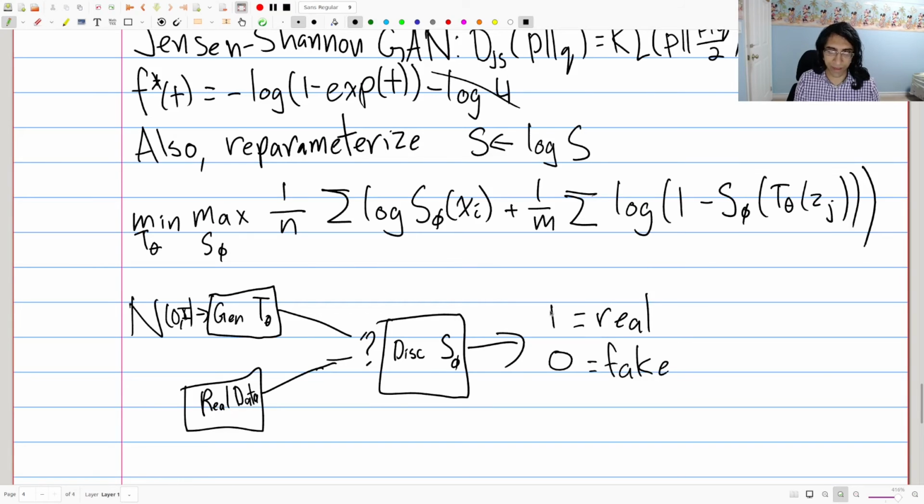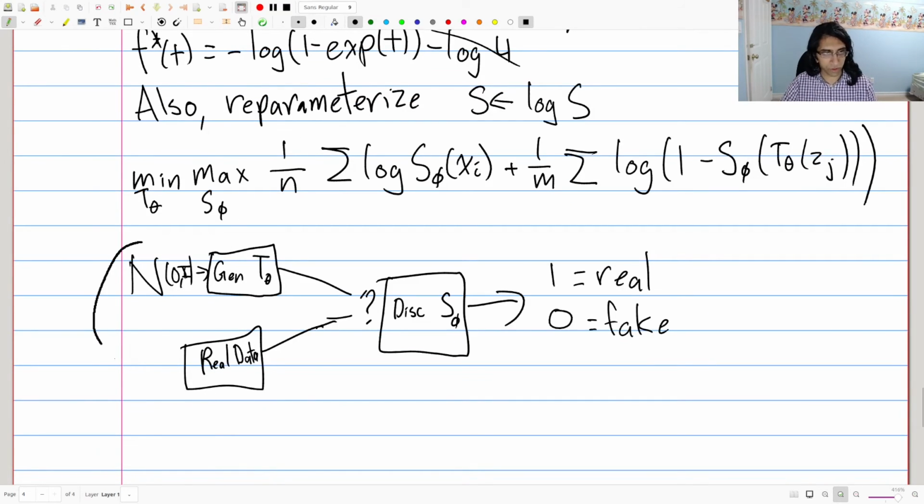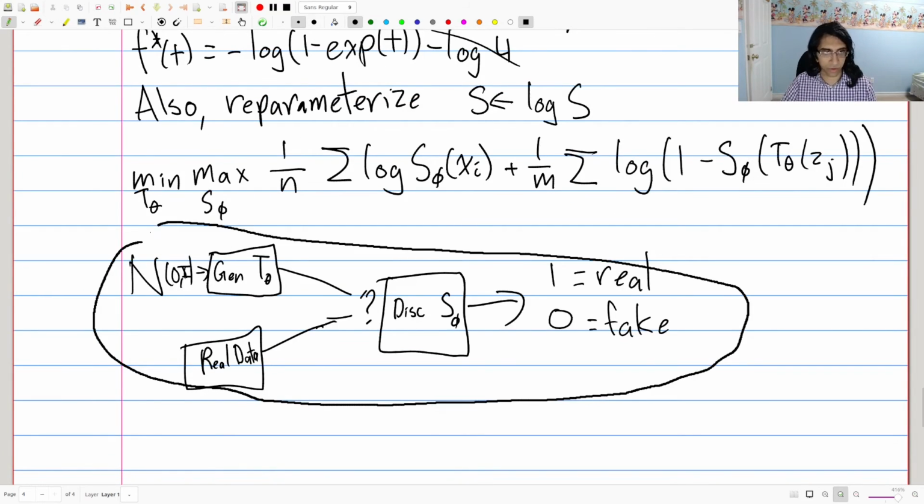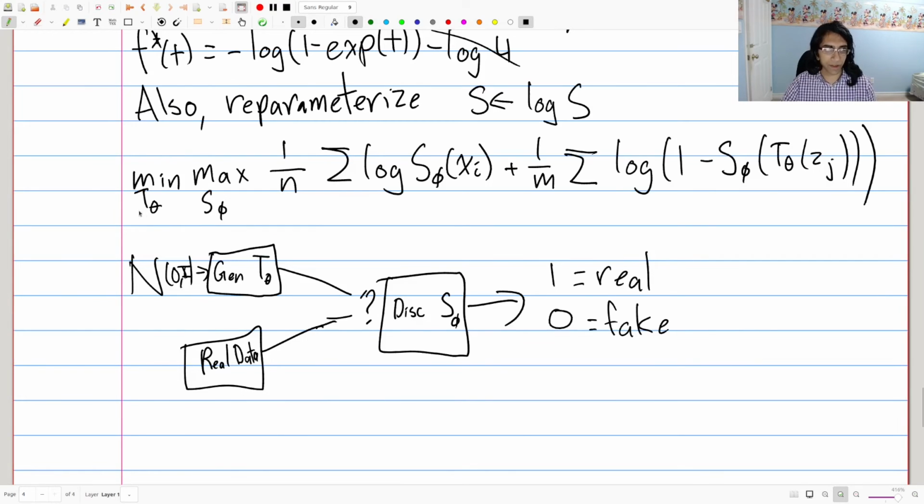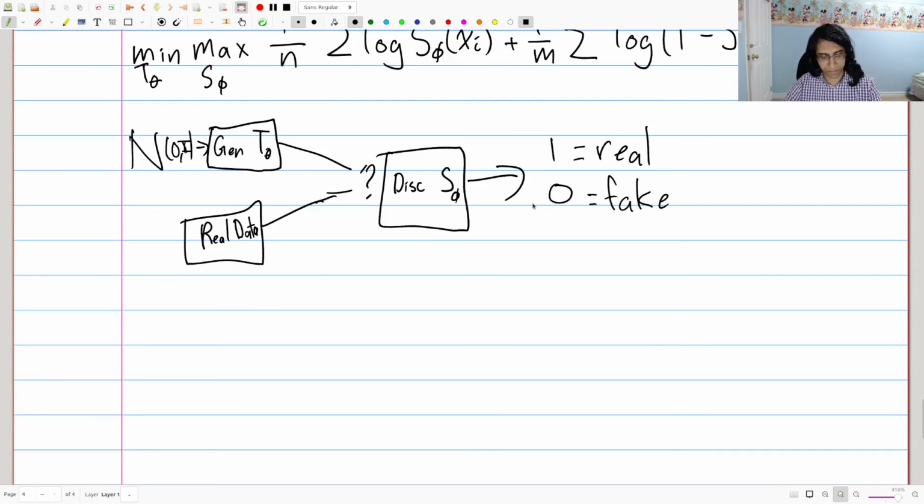So it's trying to make the discriminator make a mistake here, which will minimize this term over here. So you can see how the full story goes through. This is the story I told you of what's going on here, and you can see how it maps through to the math. So make sure you really understand how this corresponds to the math, because I think it's quite beautiful and important.